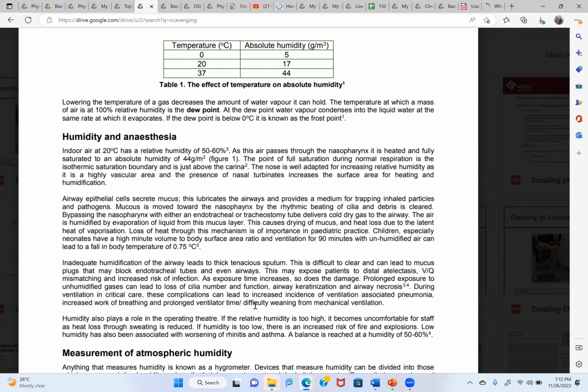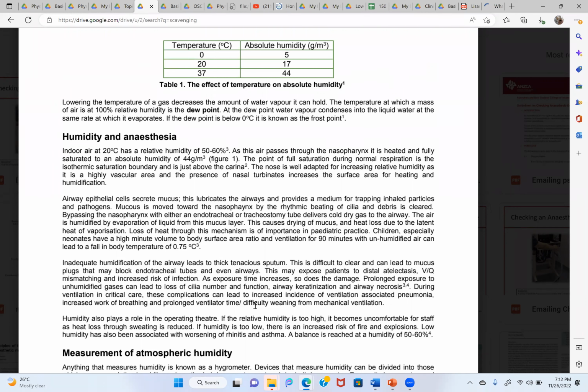Bypassing the nasopharynx with either an endotracheal or tracheostomy tube delivers cold, dry gas to the airway. The air is humidified by the evaporation of liquid from the mucus layer. This will result in drying of the mucus and heat loss due to the latent heat of vaporization. Loss of heat through this mechanism is of importance in pediatric practice.